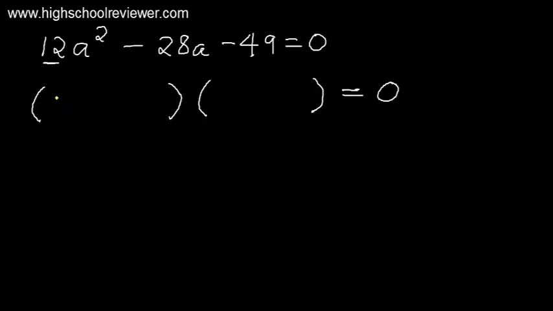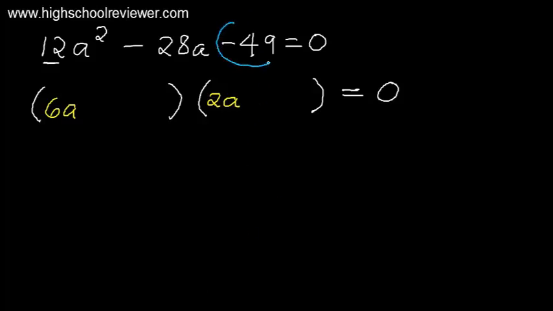Its factors will be 6a multiplied by 2a. So let us check. 6a multiplied by 2a is equal to positive 12a squared. So we can use those factors. And then we are going to factor out our third term.